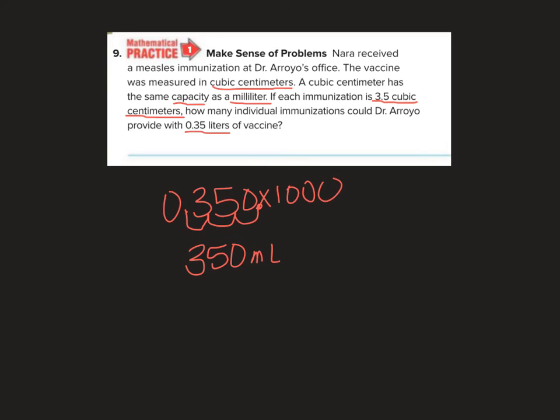So I'm taking 350 milliliters and dividing it by 3.5 milliliters or cubic centimeters to see how many are going to fit in there, right? So in order to divide this out, I cannot have a decimal on the outside. I need to multiply it by 10, which is just moving it once. I have to do the same thing to the inside.